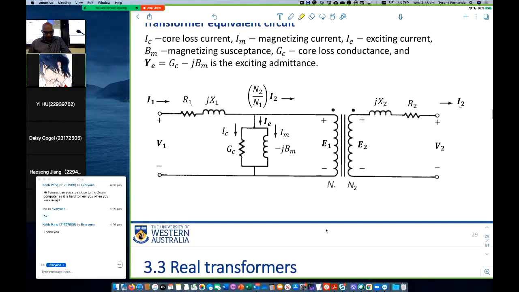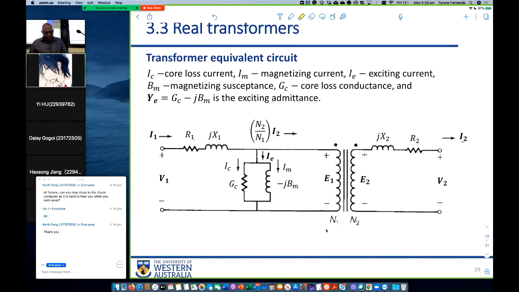Now we can also see that the current flowing in this branch is actually N2 on N1 times I2, which we have seen in the ideal transformer model.